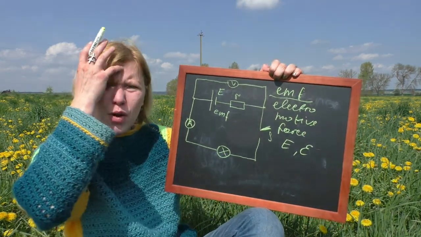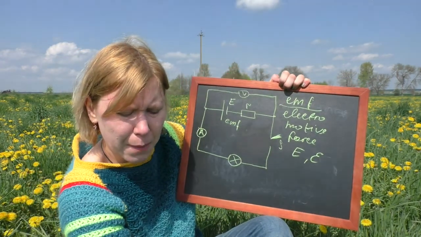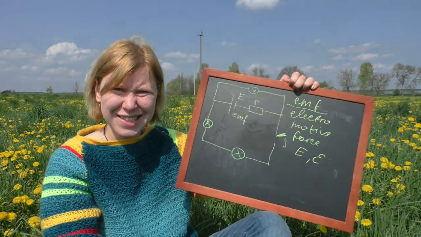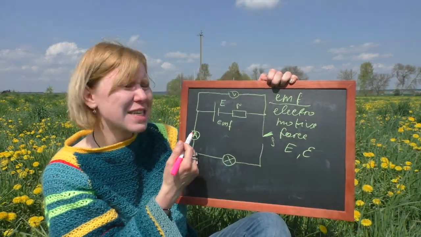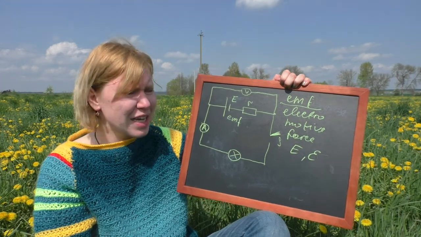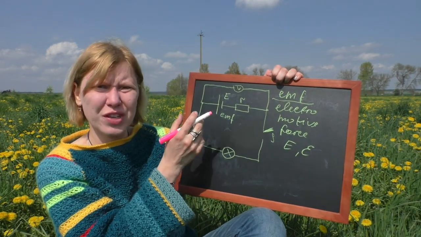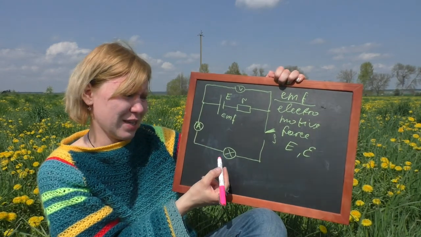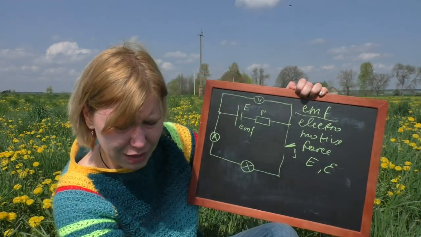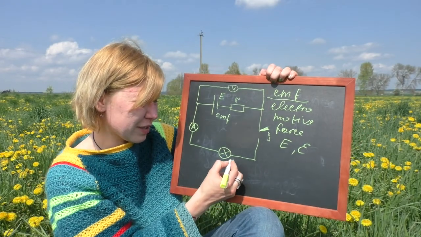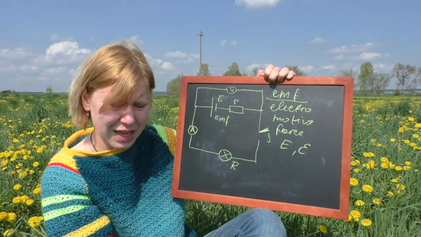Yeah, and so we try to understand to what needs in this circuit this EMF is given. It seems that part of this voltage goes exactly to a lamp, which has its own resistance.